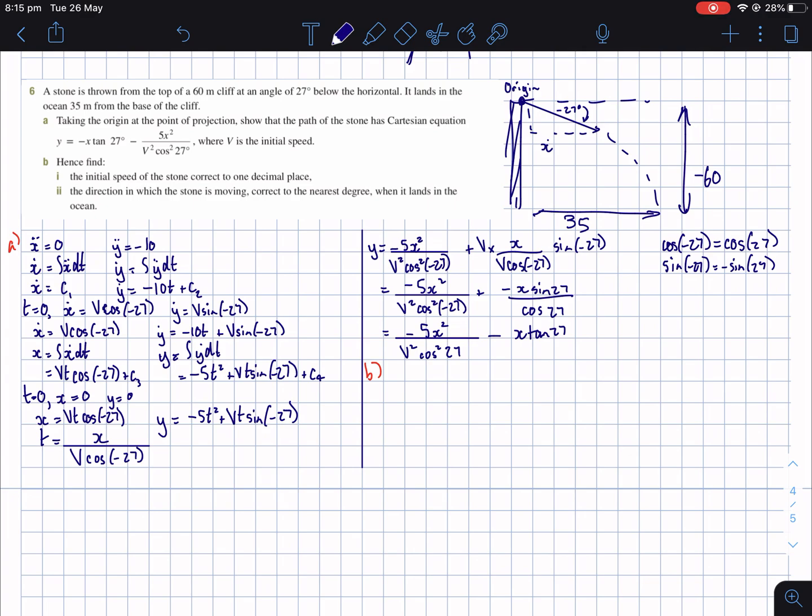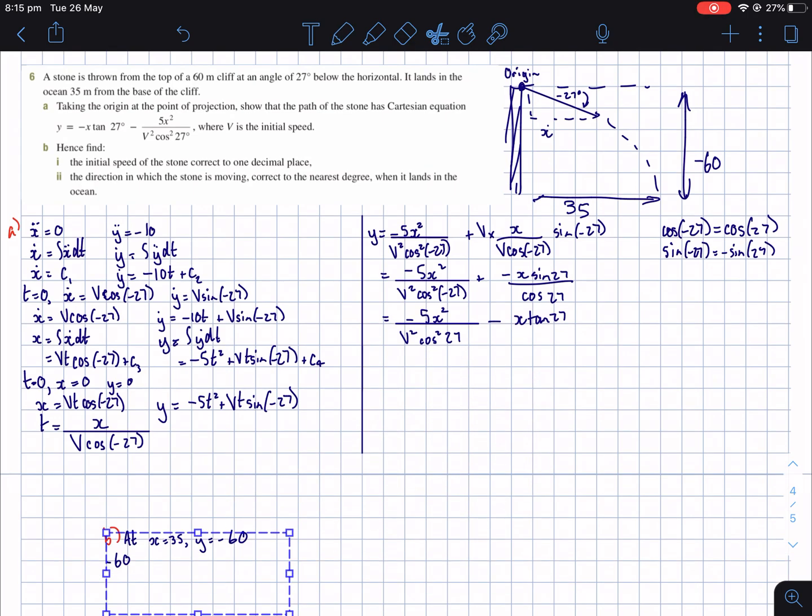Well, v is the initial speed of the stone, yeah? And I might use the point at x equals 35, because we hit the ground at 35. Y equals minus 60. So minus 60, yeah, I'm not doing this on the same page, that was optimistic.